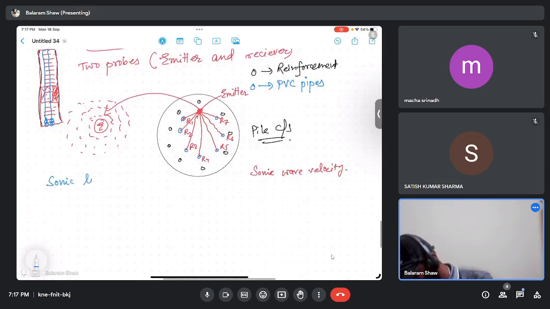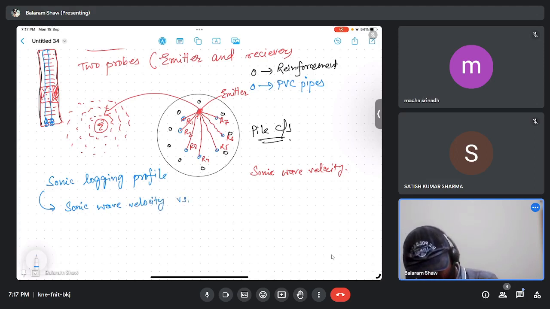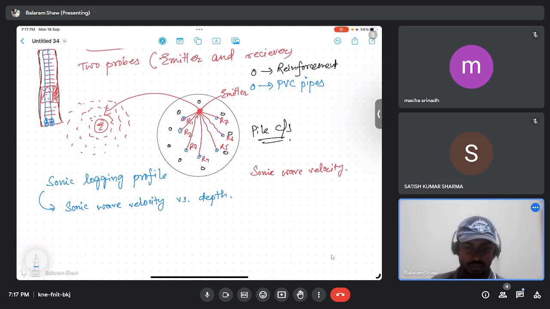This can be the plot between the sonic wave velocity versus the depth. So at every depth we have the sonic wave velocity. We can do this for travel time versus depth also. Okay, now we have the sonic logging profile.